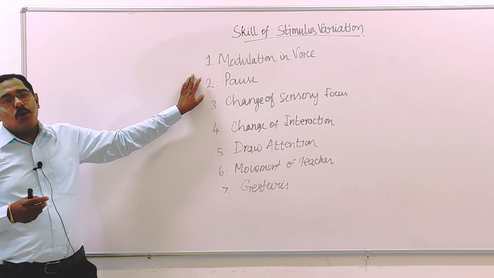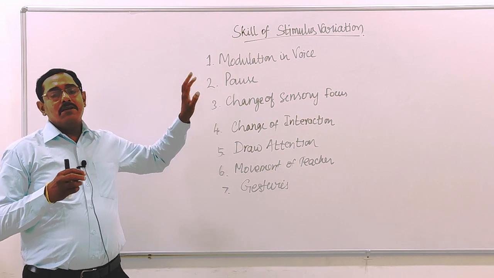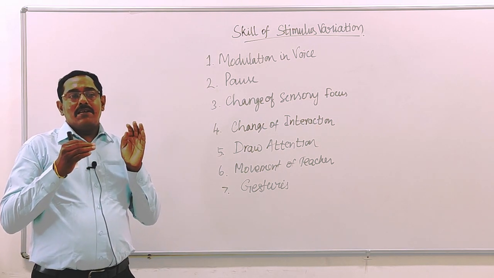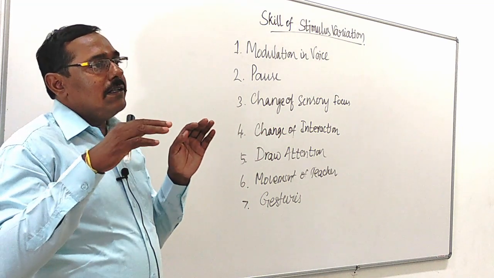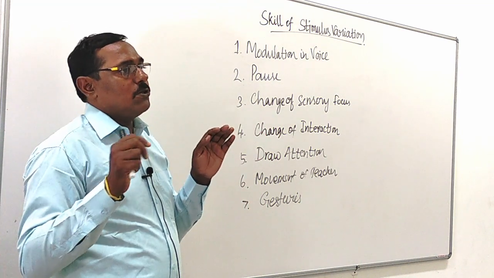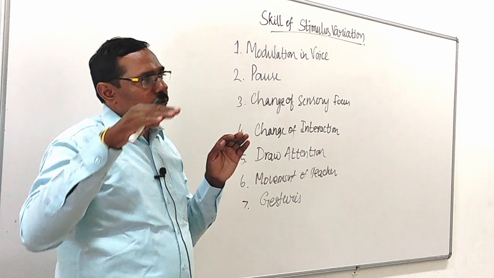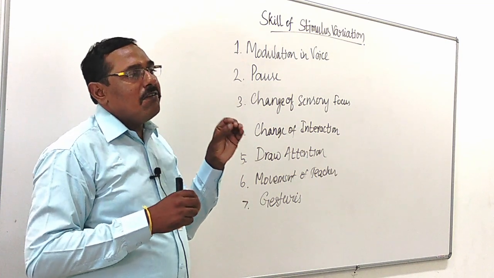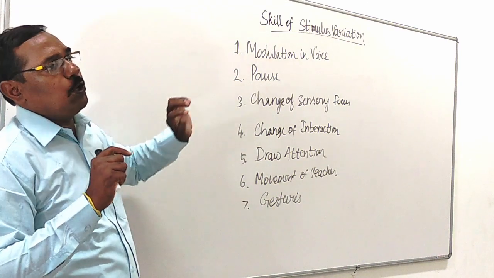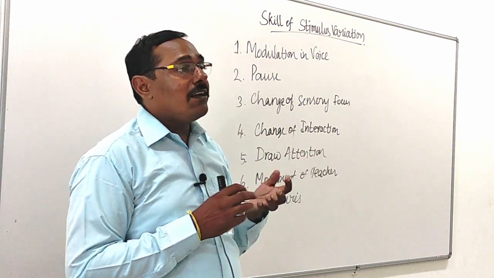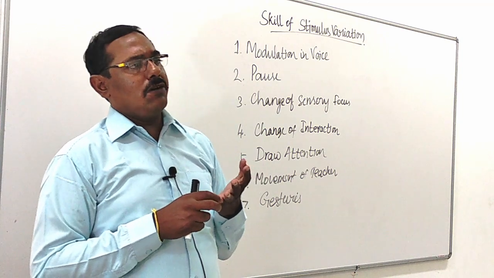The first one is modulation of the voice. Modulation of the voice means the raising and the lowering of the voice. It should go up and go down whenever needed. As I said in the first video itself, actors, cine actors, have good modulation in voice.